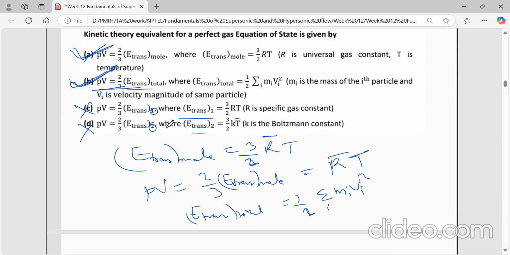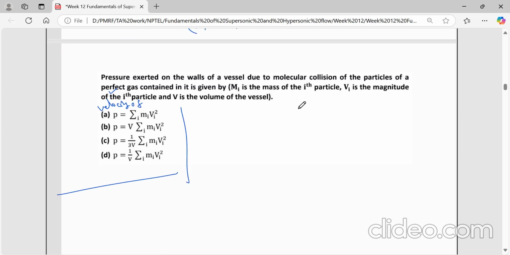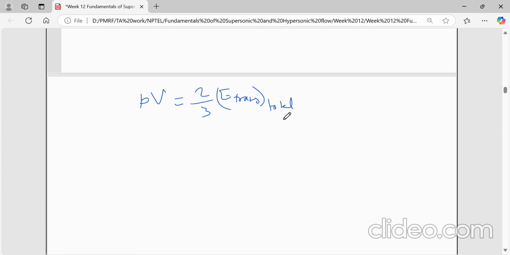If you see from the previous problem, we got that PV equal to 2 by 3 E translational total. We got this from kinetic theory of gases only, which considers the molecular collision of the particle with the vessel. And we also got that E translational total is nothing but 1 by 2 sigma i mi vi square.